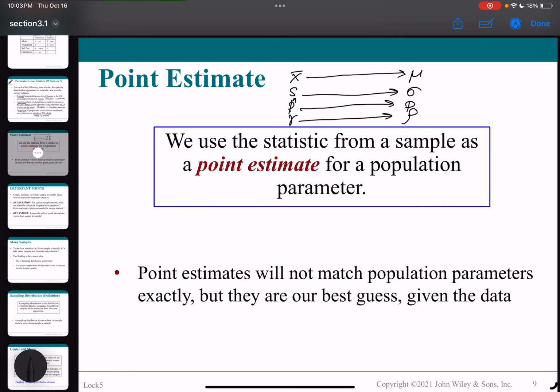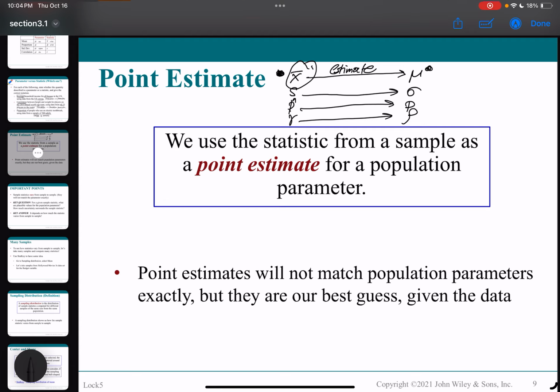Do not swap them or map them here and there. The sample mean always aligns with the population mean. So we use x bar to estimate mu. This x bar we call an estimator.